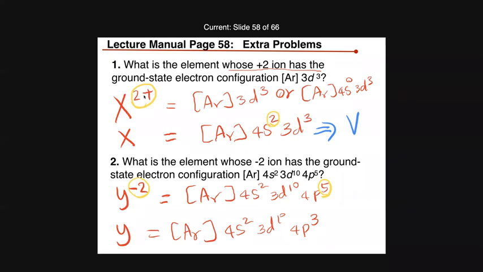If you look up the periodic table for Ar followed by 4s2 3d10 4p3, you are going to see that this is arsenic. So this is the identity, arsenic. All right, so this is an example of a problem that you will probably encounter on the exam.